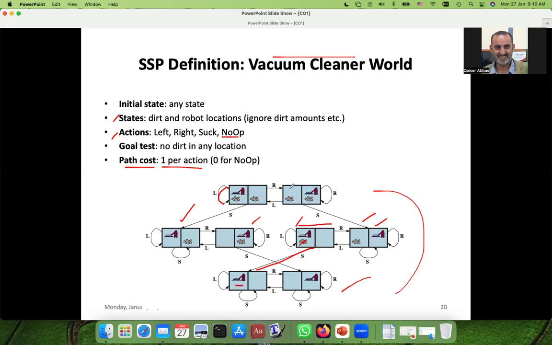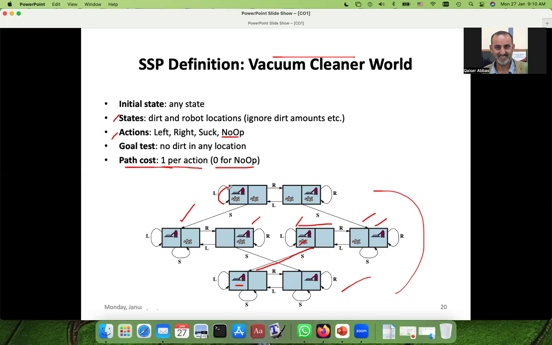If you perform right, you give another one to the agent. And if you perform sucking, you give another one. Then you can sum up all these actions, 1 plus 1 plus 1 plus 1. In this way, you calculate the path cost. And if the agent is not performing anything, then you can give it 0.